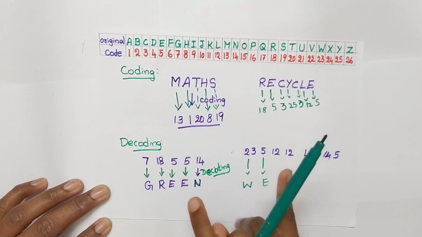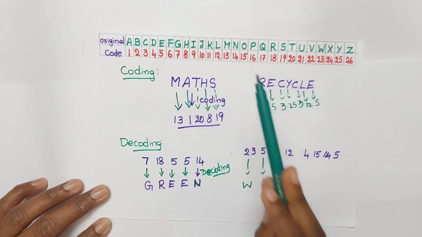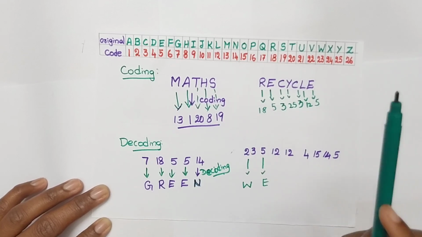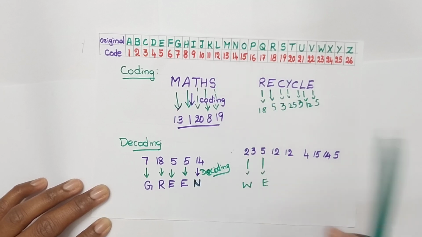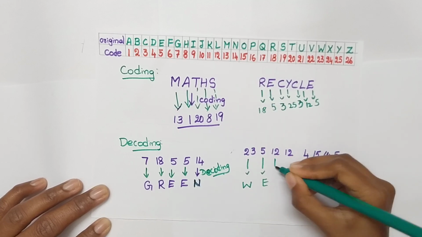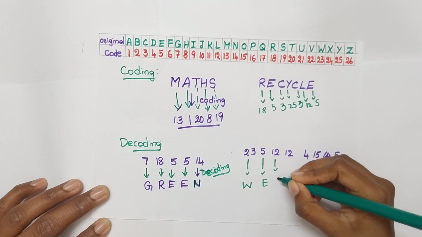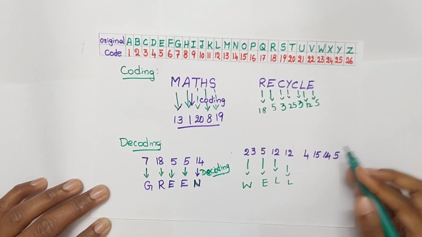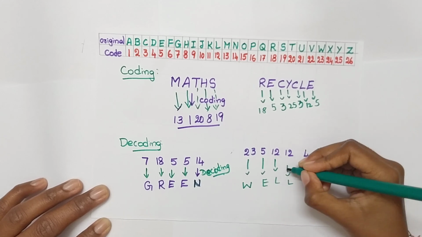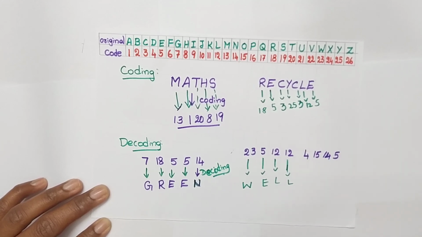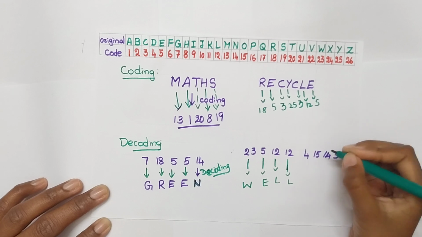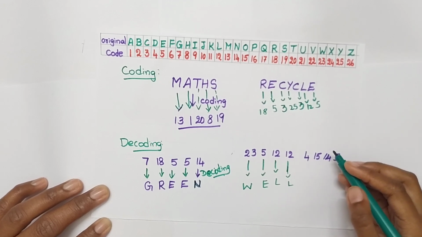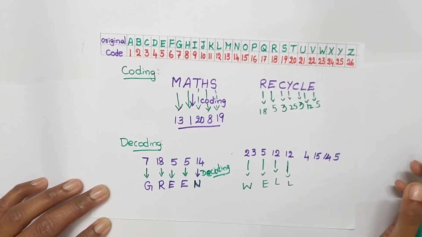Where is 12 in the second line? Here is the 12. So we have decoded 12 and write L. Again, we have to write the L. Now only 4 numbers are there.